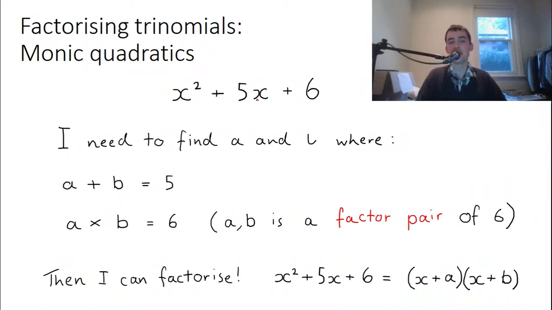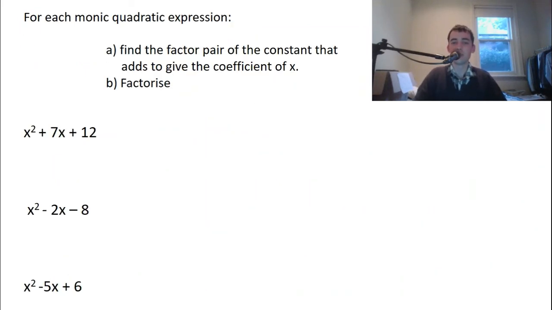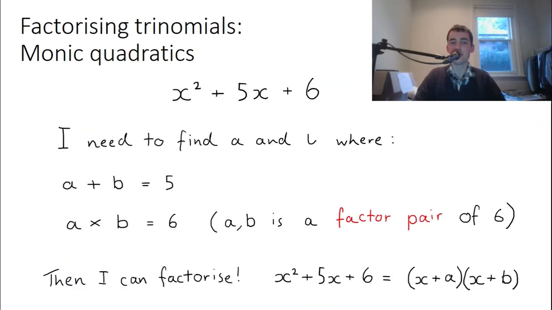Ideally, we want to understand it, but we just want you to understand this method of doing it. So you need to find two numbers, a and b, where a plus b equals 5, and a times b equals 6. If a times b equals 6, that means a and b is a factor pair of 6. And then you can factorize.